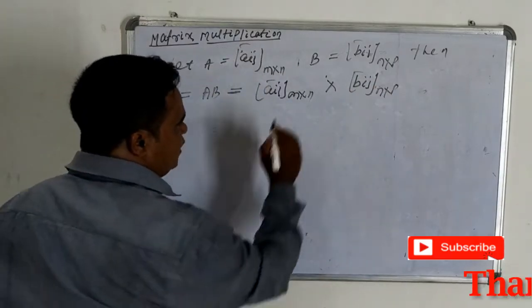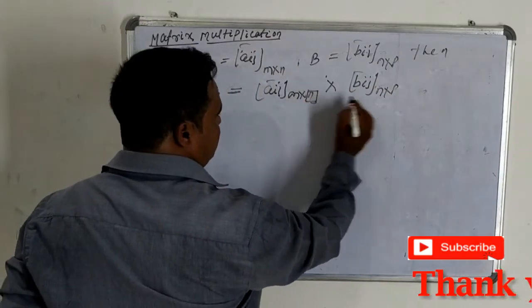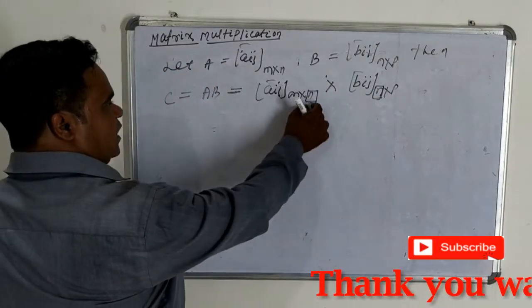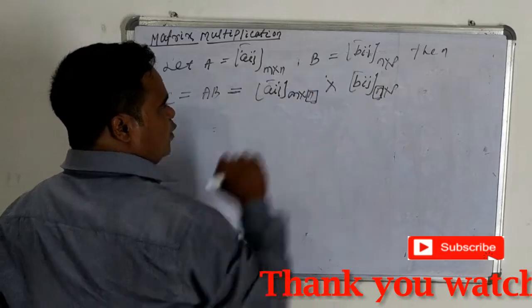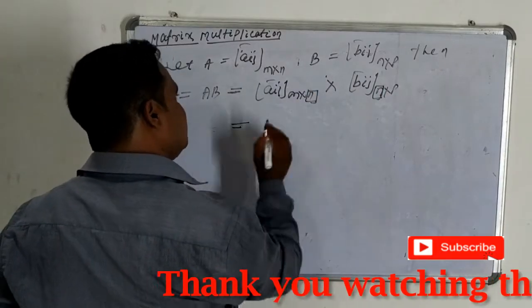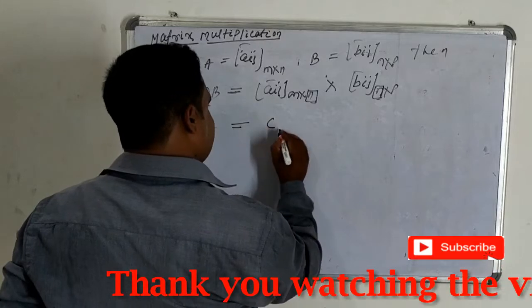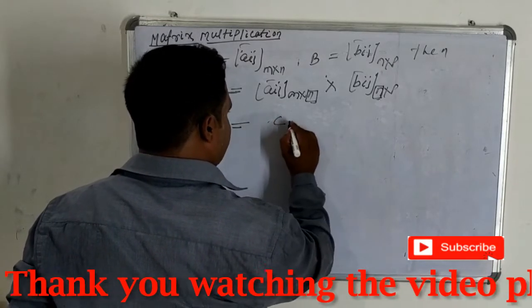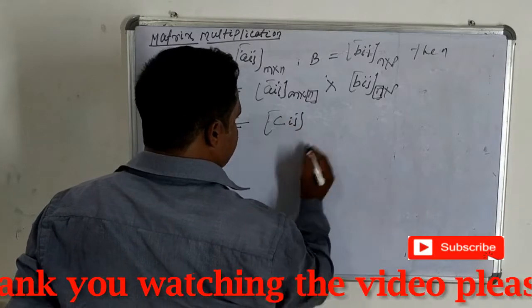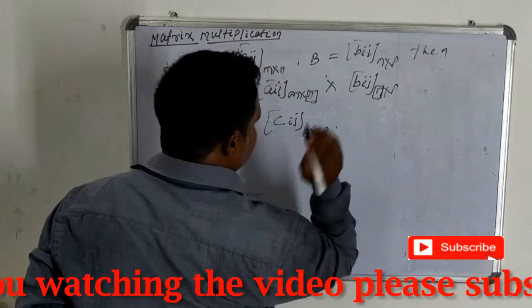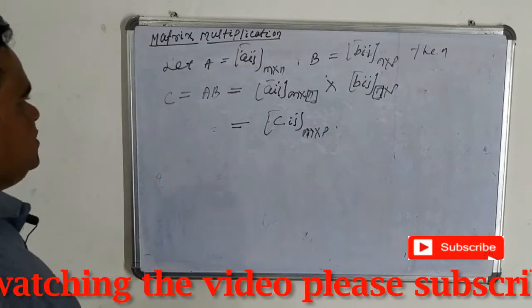First we check whether the column count and the row count are the same or not. Here they are the same, so the answer is C of order m by p. Okay, this is the theory part.